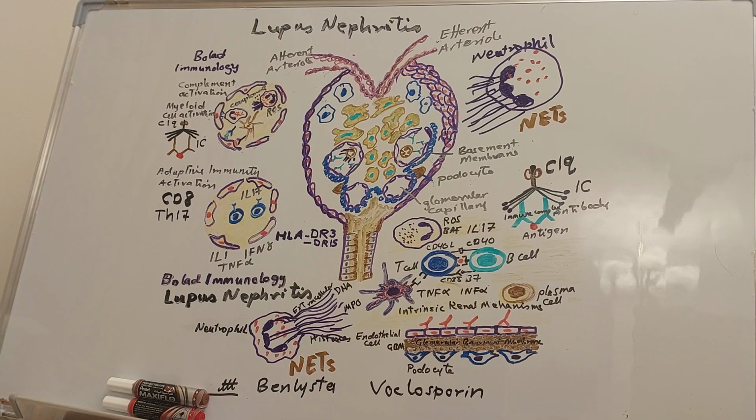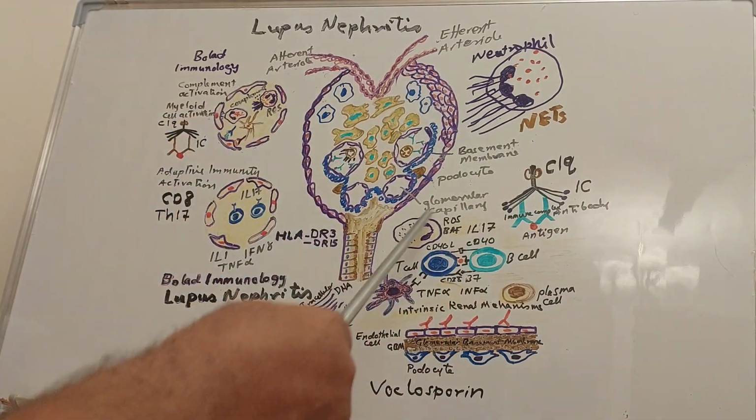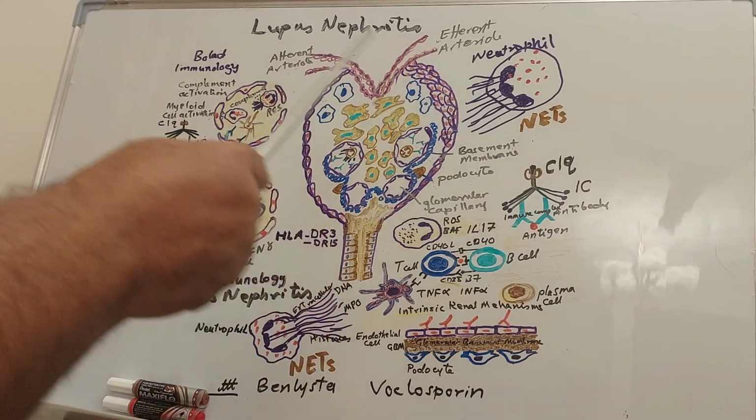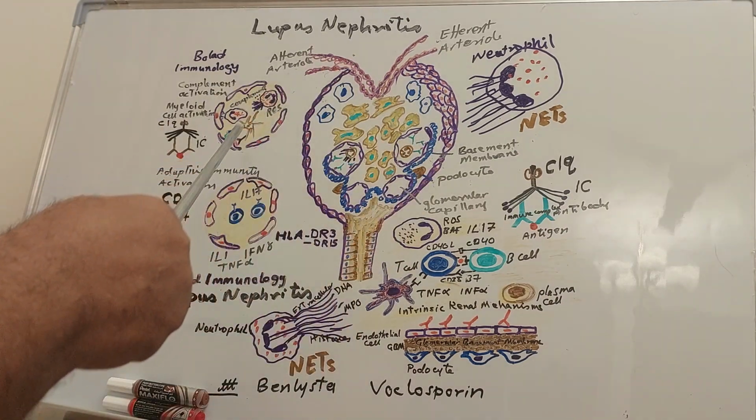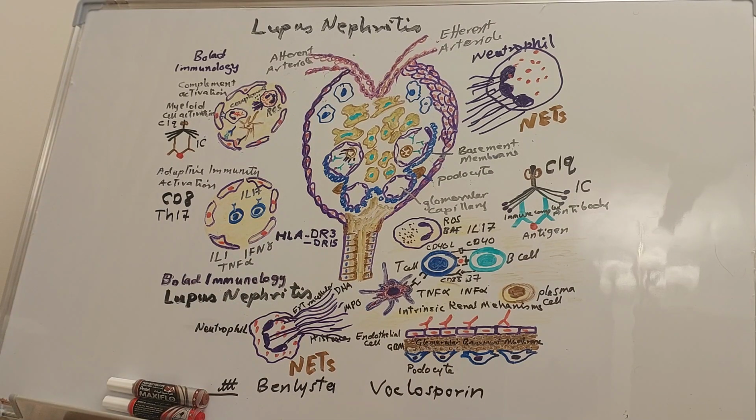This is all due to netosis, or formation of neutrophil extracellular traps during the inflammatory process as a result of formation of immune complexes.